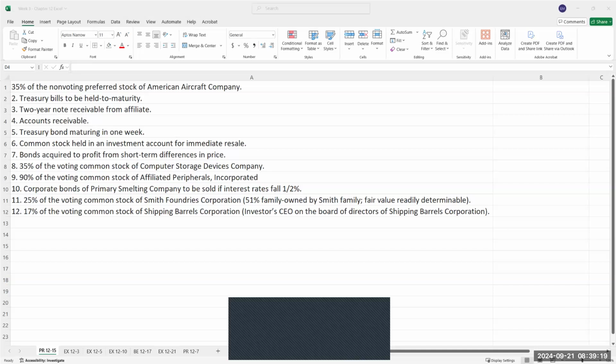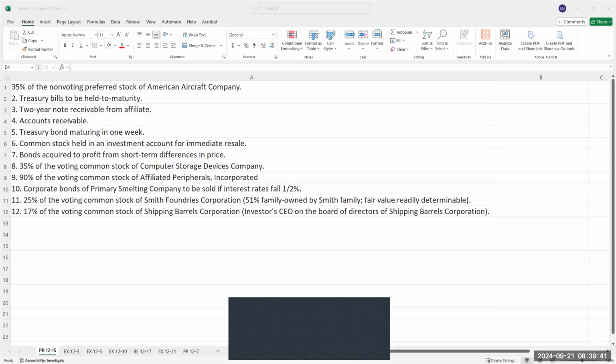When it deals with equity investments, when an investor owns enough stock to significantly influence the investee but doesn't control it, they use what's called the equity method, and they ignore fair value changes. And then in the other scenario where they do have significant influence, there's another approach that is taken.